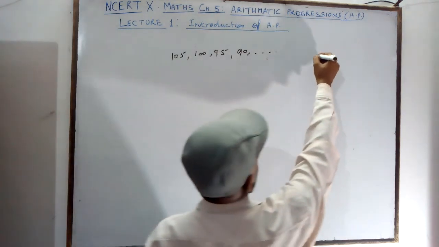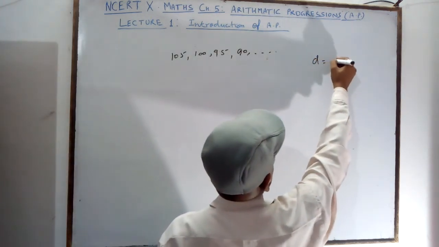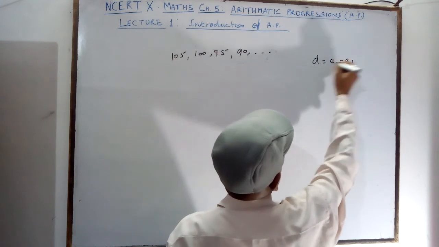First of all, the common difference is always found by subtracting the preceding term from the successive term, a2 minus a1.